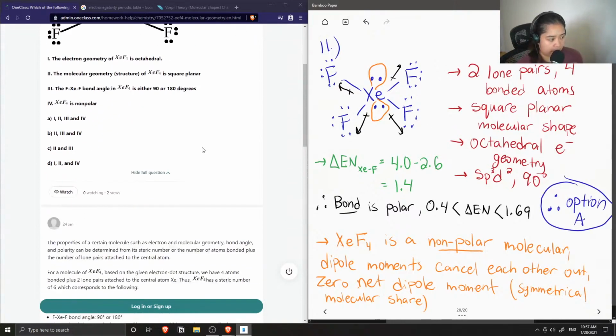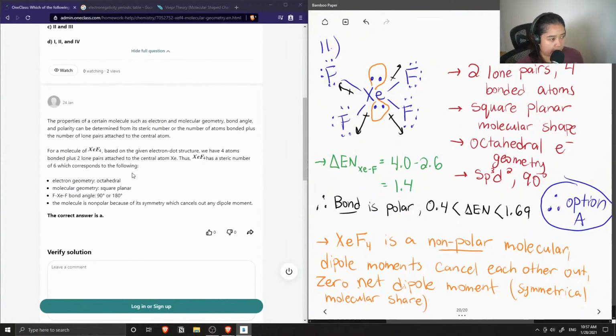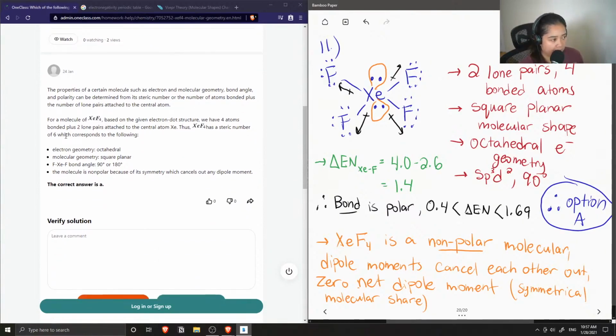Okay, so the junior tutor said that the properties of a certain molecule, such as electron and molecular geometry, bond angle, and polarity, can be determined from its steric number, or the number of atoms bonded plus the number of lone pairs attached to the central atom. For a molecule of xenon tetrafluoride based on the given electron dot structure, we have 4 atoms bonded plus 2 lone pairs attached to the central atom.